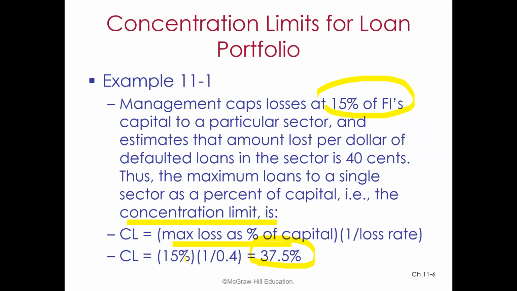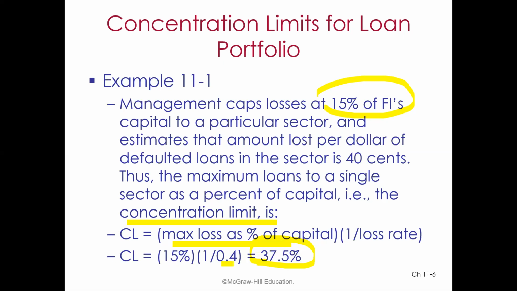So which means that the financial institution can afford a maximum of 15% losses of its capital in that particular sector, and the loss rate is 40%, which means that if a loan is defaulted in that sector, then 40 cents will be lost for every $1 of defaulted loan.